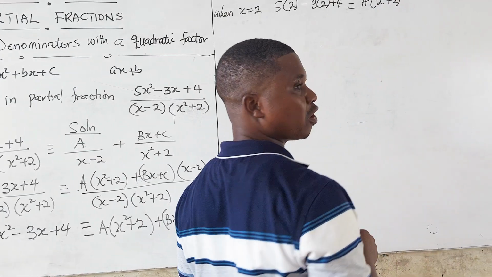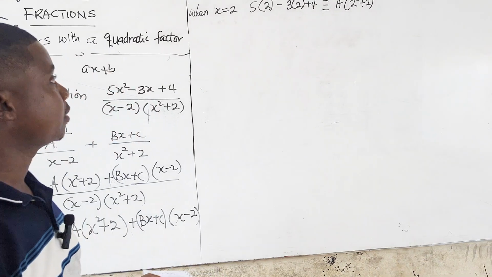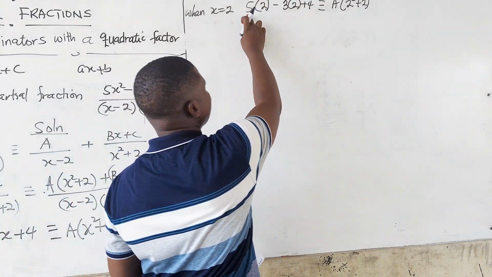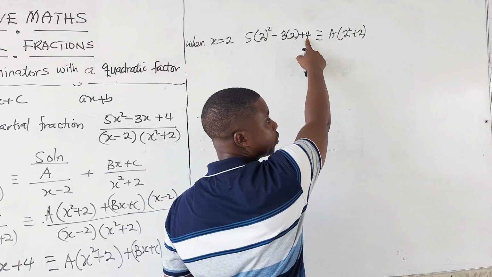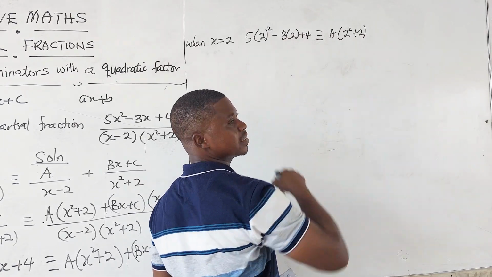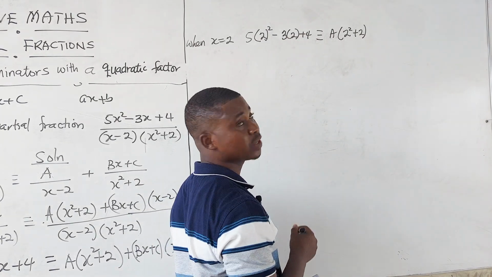The whole of this is 0, so I can neglect this side. So 4 times 5, we have 20 plus 4, that will be 24. 24 minus 6, I'm going to get 18.